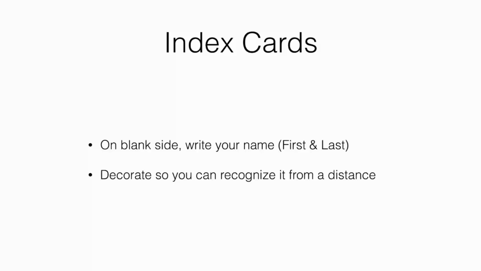So while you write your first and last name on one side of the card, feel free to put some decorations, little pictures or writing or squiggles or whatever, so that you can recognize it from a distance. That's a clue as to what these cards are for. Please don't put any symbols that would be offensive to anybody else, which nowadays means I guess you got to leave it blank.